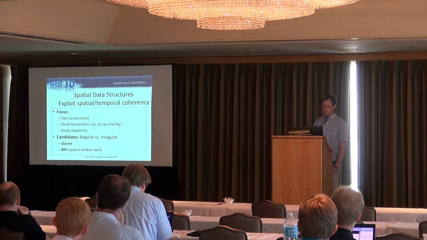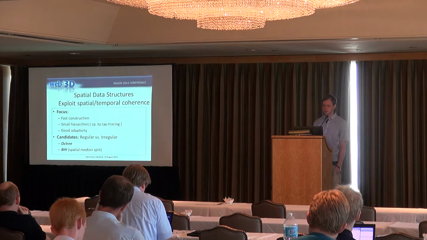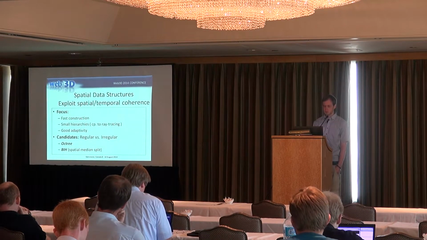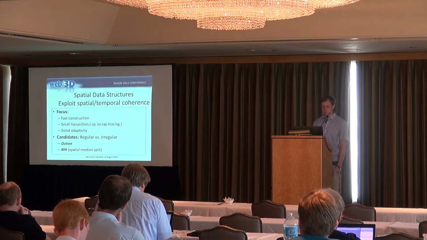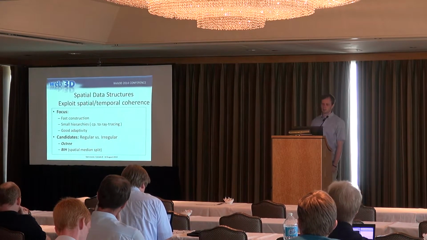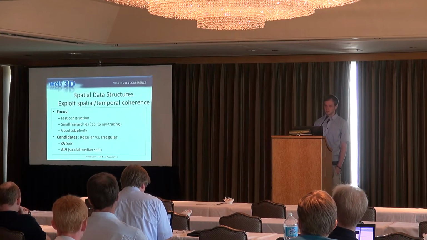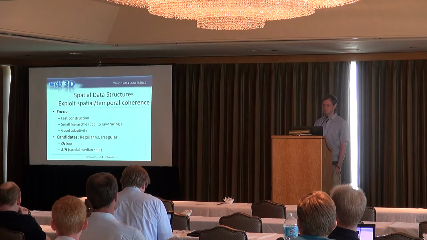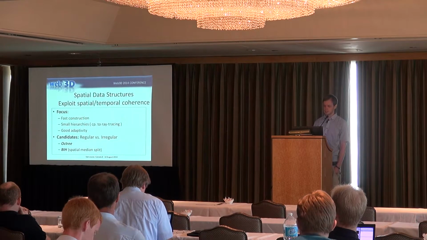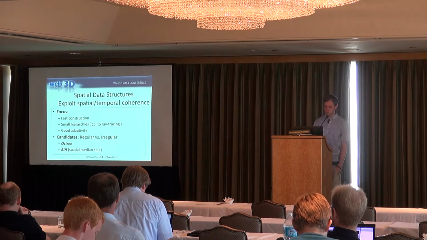We're using the spatial data structures to exploit the spatial and temporal coherence in our scene, and our focus lies on fast construction of the data structures. Compared to ray tracing, where they have been evaluated in depth, we are using small hierarchies with only a few thousand nodes, and we're looking for good adaptivity of the data structures to the geometric density distribution in the scene.